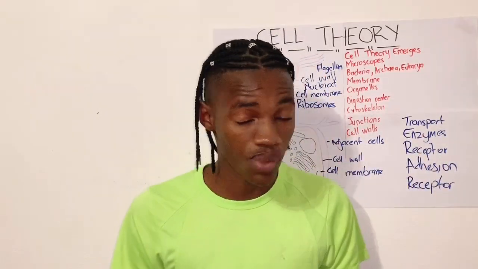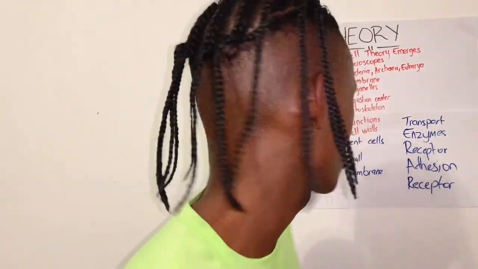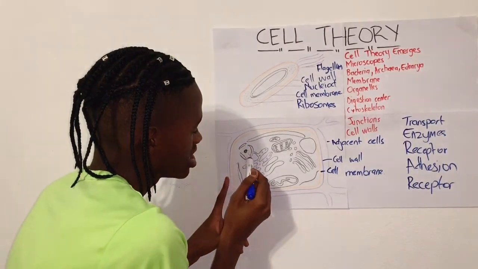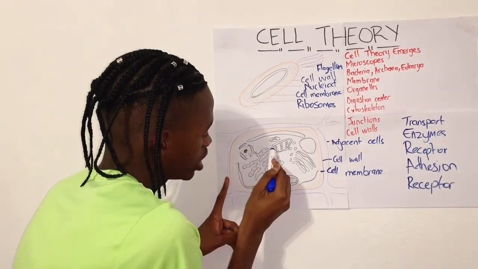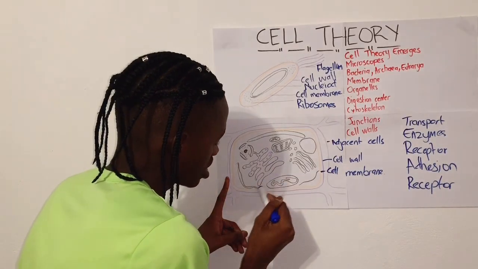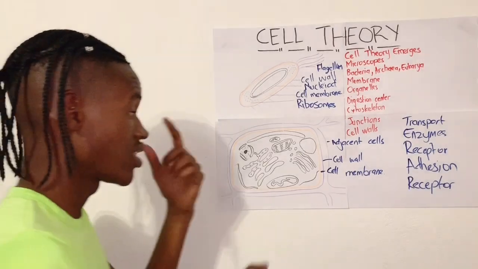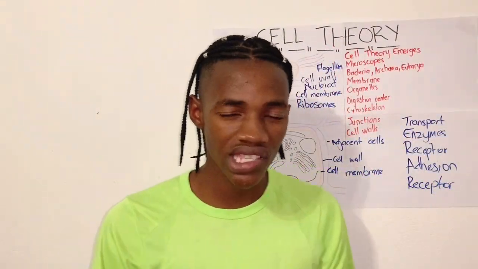We cannot have problems with the DNA, right? And then within this nucleus, you can see that there's like a channel of this structure, right? Now that structure is called the endoplasmic reticulum.